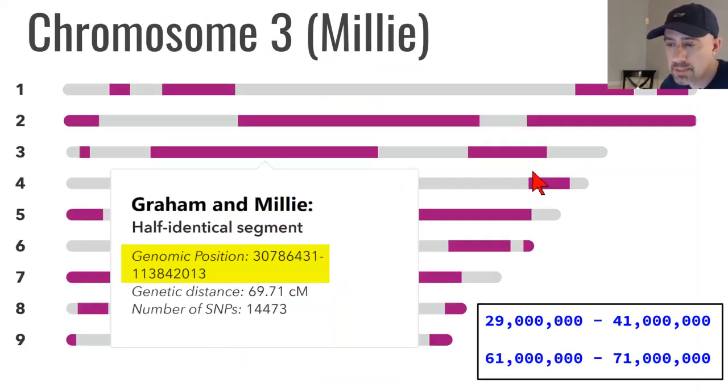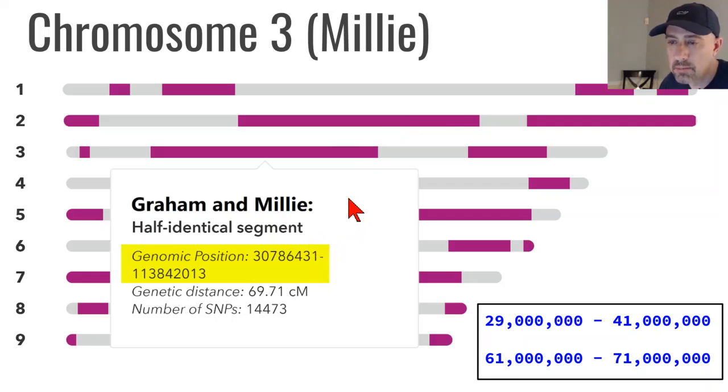We can dig a little deeper and we can see that Graham and Millie share quite a few segments, and in particular, we're interested in chromosome 3, as we discussed earlier.